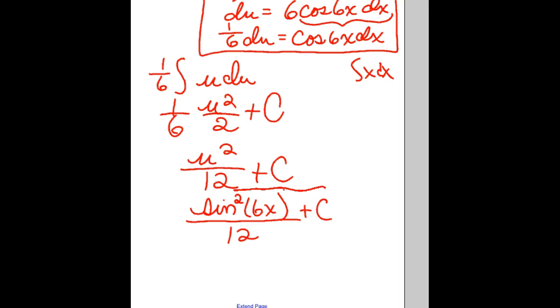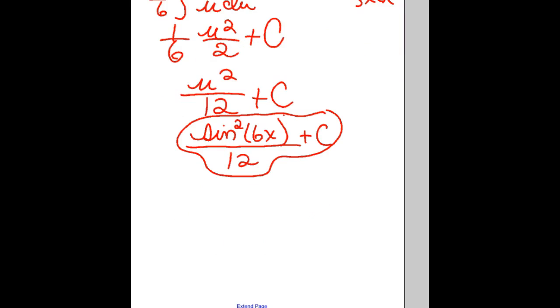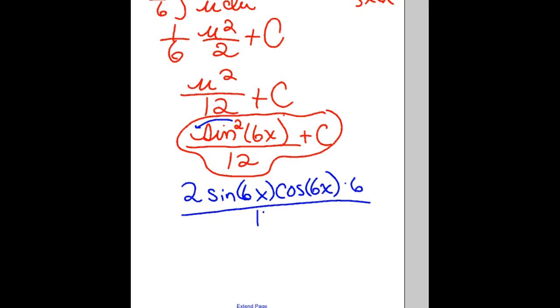And again, I want you to see this being checked because that's where you see the undoing of the chain rule in this process. So suppose I was going to check this. I would bring the 2 out front when I take the derivative and I'd get 2 sine 6x times the derivative of sine 6x, which would be cosine 6x, times the derivative of the inner guts, which is 6, all over 12.